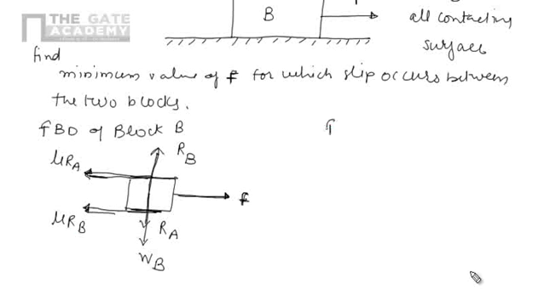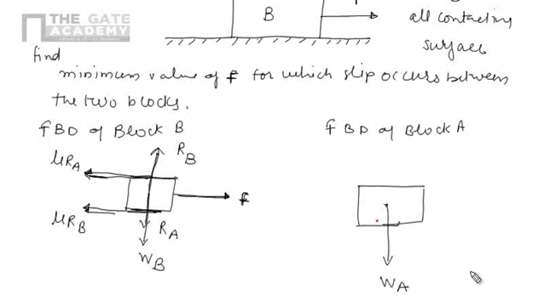Similarly, we can draw the free body diagram of block A. In block A, obviously the weight of block A will act in the downward direction. A and B are in contact, so there will be a reaction from B. It is nothing but what we had earlier, that is RA, because by Newton's third law there will be an equal and opposite reaction.